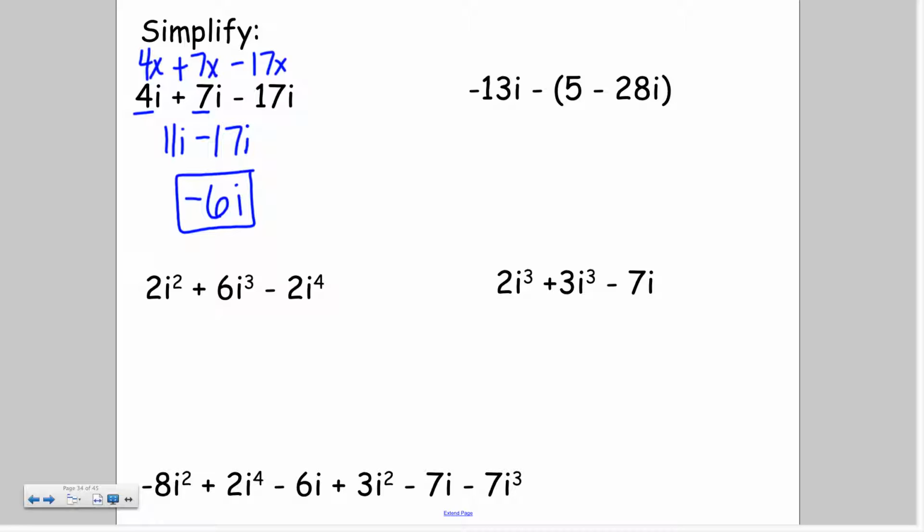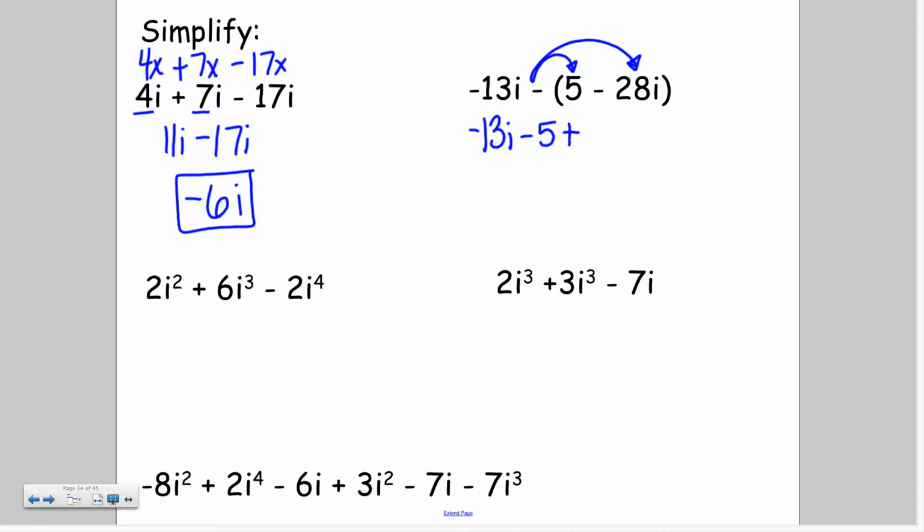All right? The next one, it's the same thing. I'm just going to have to distribute my negative to everything that's in parentheses. It's just like whenever you have a negative out front, the signs are going to change. So I'm going to take my 13i and I'm going to leave it. Well, negative times a positive gives me a negative 5.